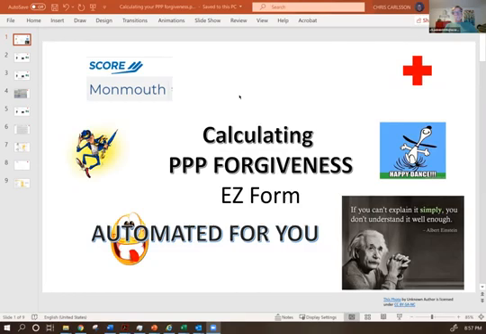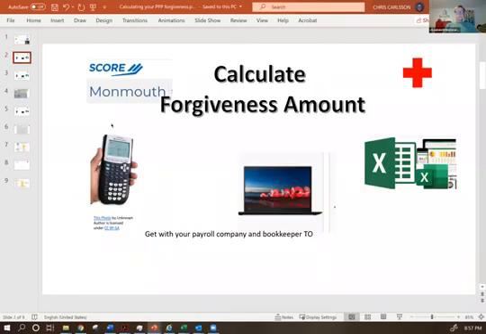Yes, there are 6 steps you have to do, and you have to get your payroll reports, and you probably have to get your bookkeeper to help you. However, it is automated. You don't have to do manual calculations. We have done it for you. So we are now going to go into calculating the forgiveness amount.